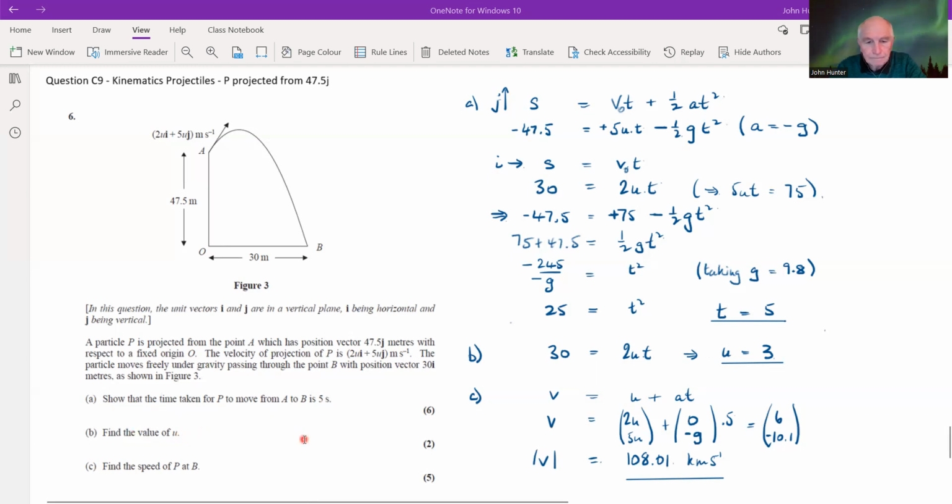Now the final part is find the speed of P at B. Now the speed is a scalar. It's basically how fast is it coming in this direction here at the point it actually hits the ground, or the sea, whatever. Now always with these things, if we want to find the scalar, or certainly the speed, then we need to find out the vector.